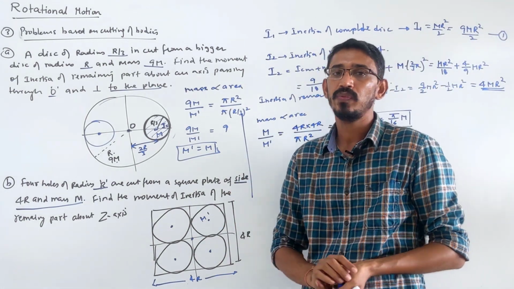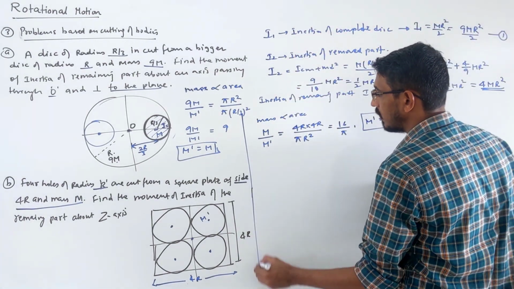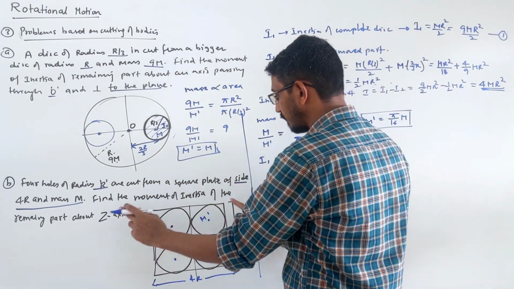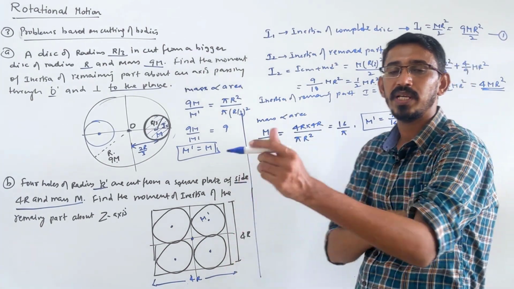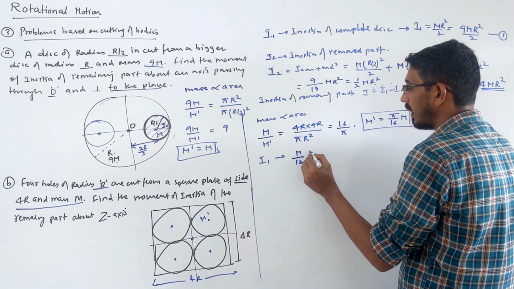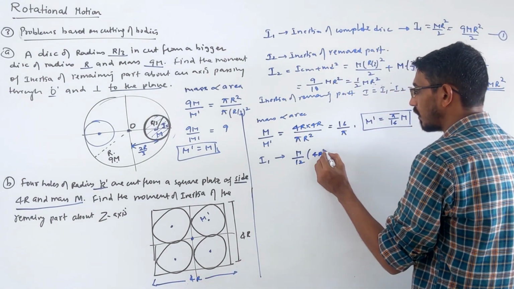Now we have to follow the same steps. You have to calculate the inertia of the complete object. I1 is the inertia of the complete object. Initially we have a square sheet, and we are finding inertia about this point. For a rectangular sheet the formula we learned is m by 12 times a square plus b square. Here a square is 4r square and b square is also 4r square.